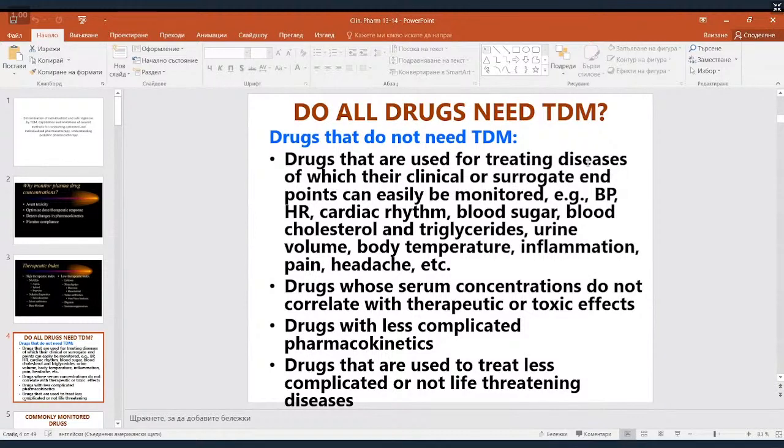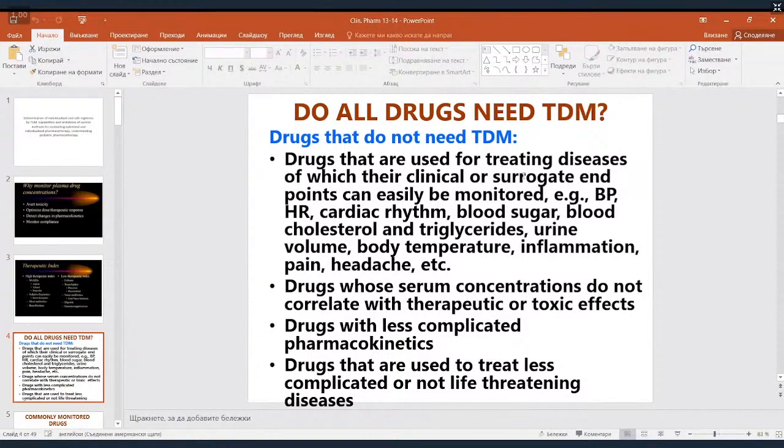A clinical endpoint is the real endpoint that we care about, like decreasing death, decreasing myocardial infarction, decreasing stroke. But we use surrogate markers or surrogate endpoints to measure the effectiveness of the therapy that we prescribe.